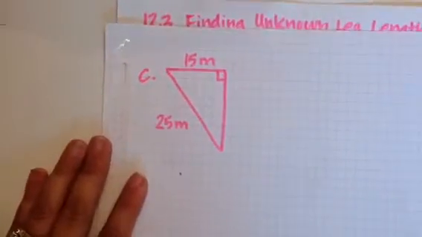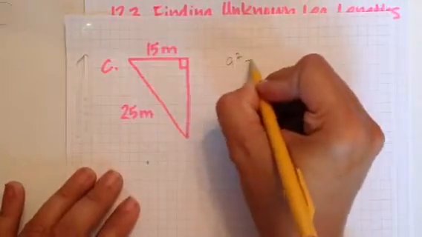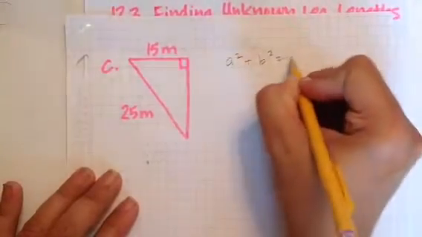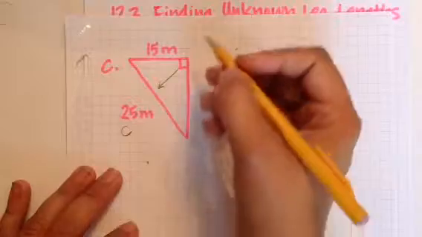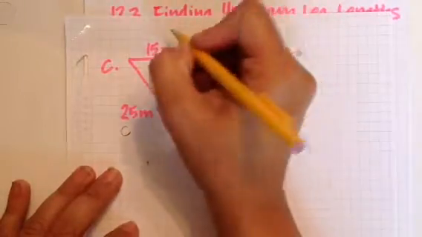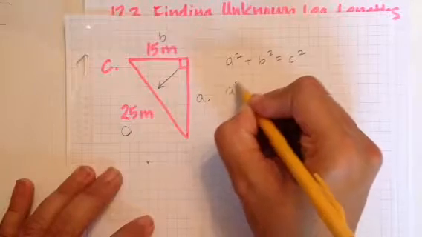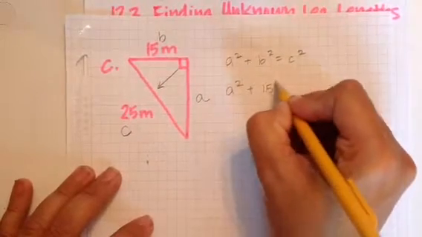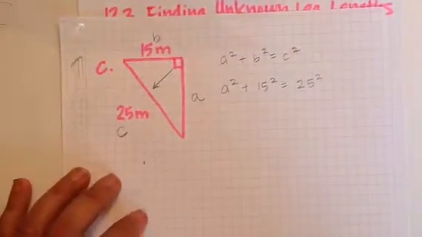Alright, last one. Same equation. A squared plus B squared is equal to C squared. Straight across from the right angle is C. A, B. So A squared plus 15 squared is equal to C squared.